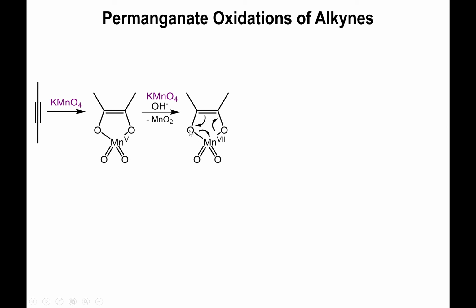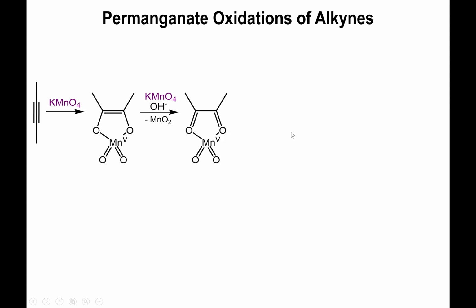The electrons that were part of that oxygen-manganese bond are going to be fully delivered to the manganese 7, which will turn into manganese 5. And then the 2 electrons of this oxygen will be delivered to the carbon next door. The end result is that we're going to have 2 new carbonyls formed like we did before, but the difference is that we haven't broken that carbon-carbon connection between these two fragments.